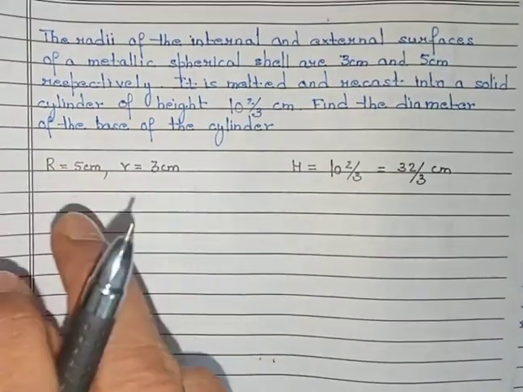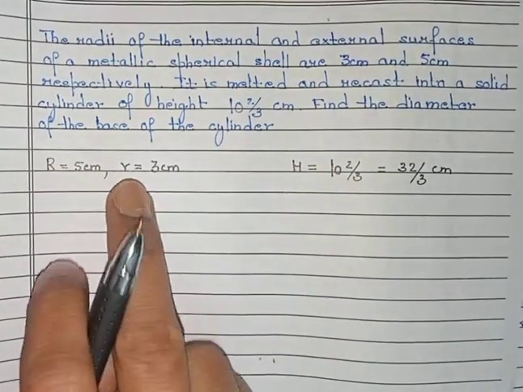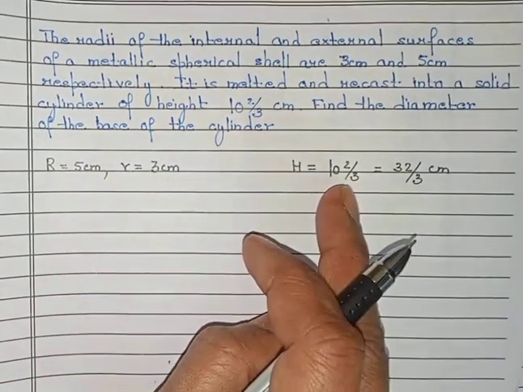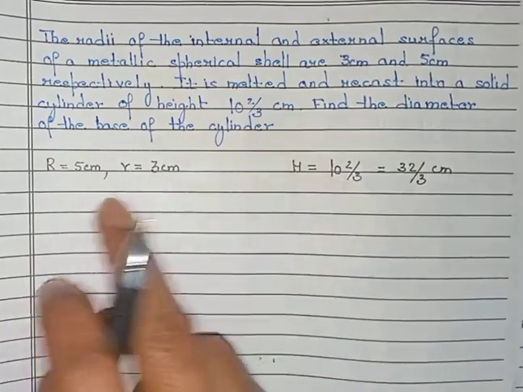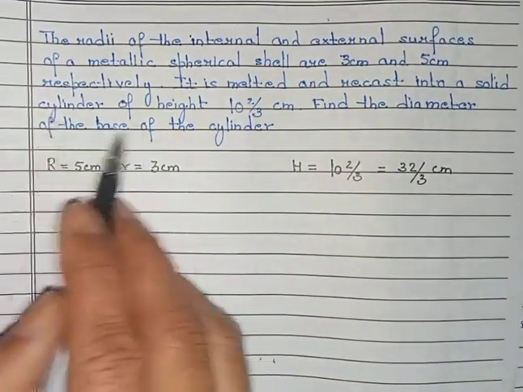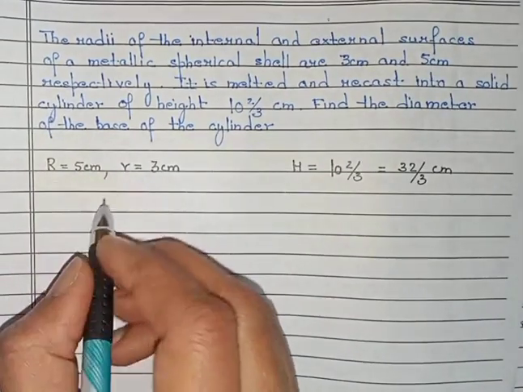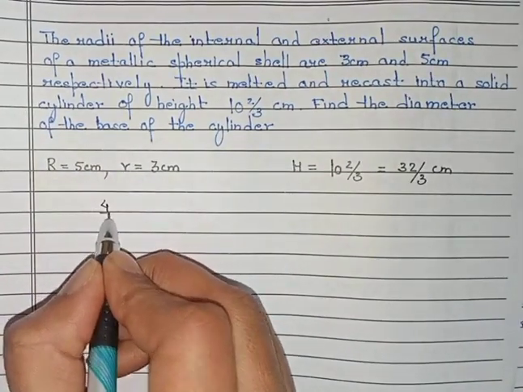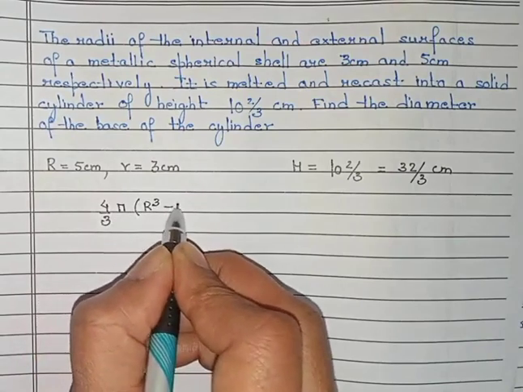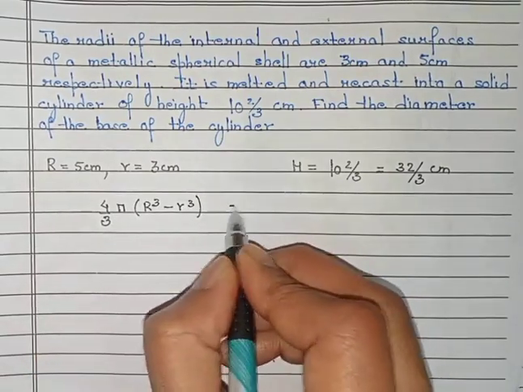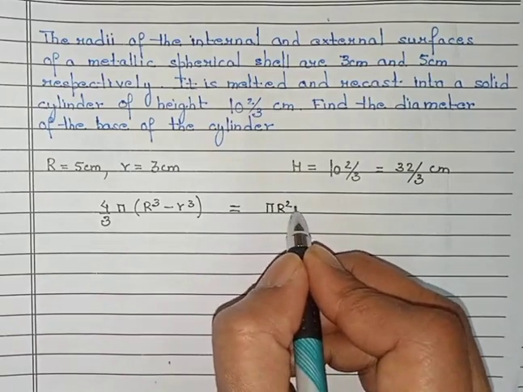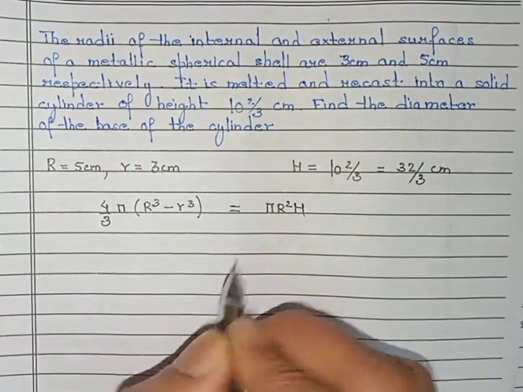As the shell is melted and recast into a solid cylinder, you can equate the volumes of these two. For the shell, the formula will be 4 by 3 pi into R cube minus r cube, and for the cylinder it will be pi r square h.